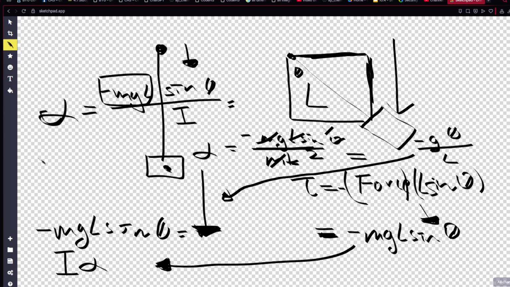So we get the form negative g theta over L is equal to negative w squared theta, and you can cross out theta on both sides, and the negative on both sides.